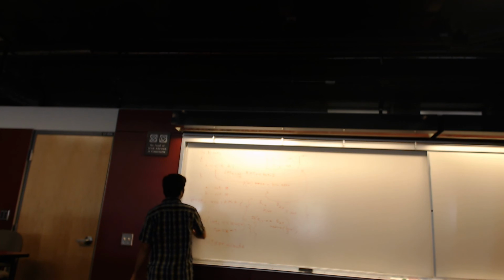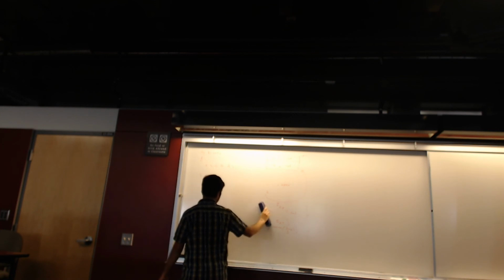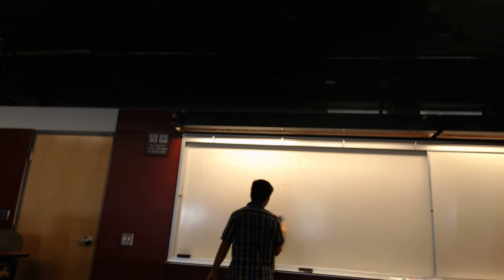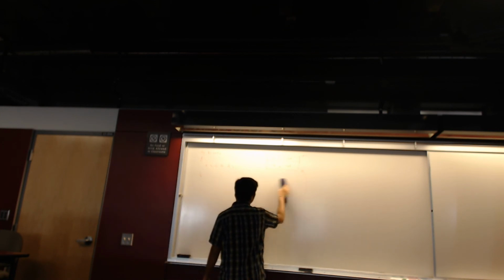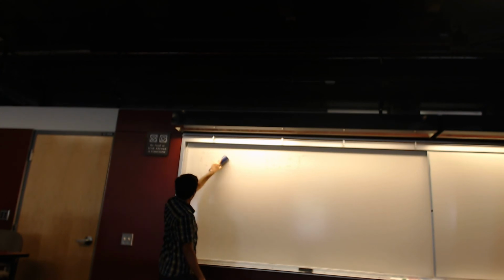Are all the test cases declared? No, there are some test cases where it's not declared. So what if it's not declared? A and B are not declared. So you don't have the symbol table there.